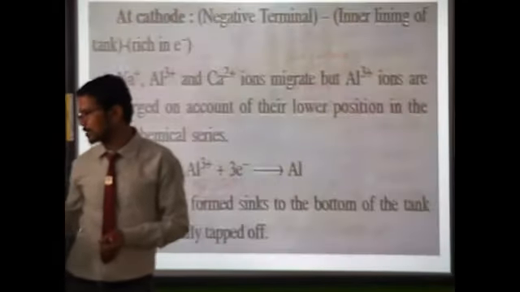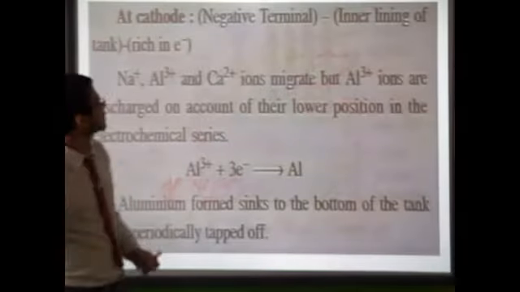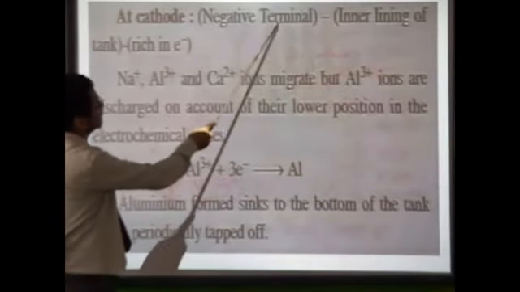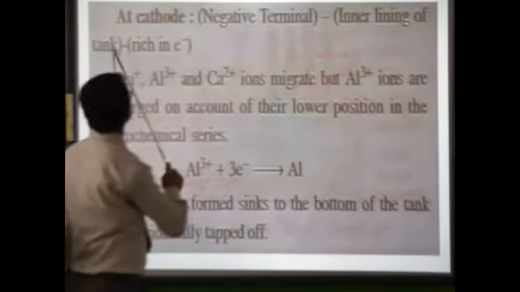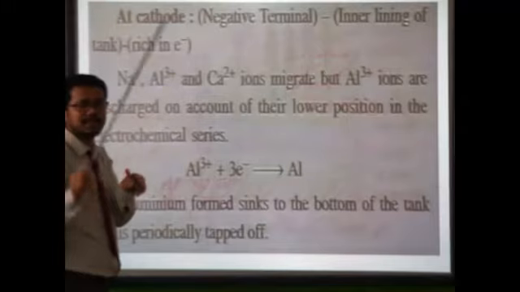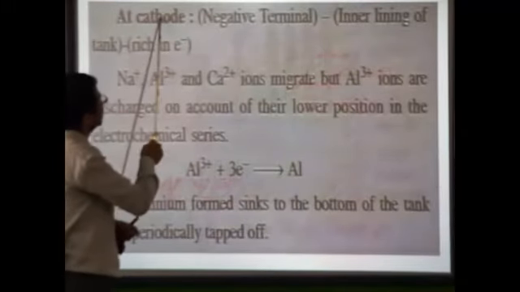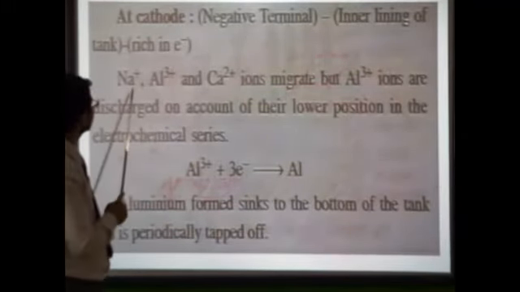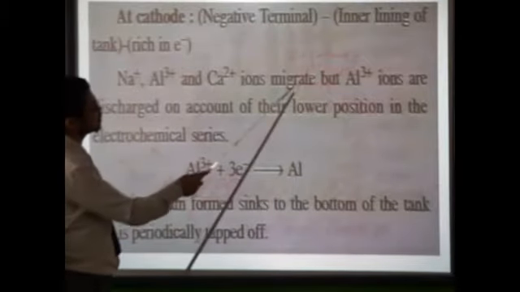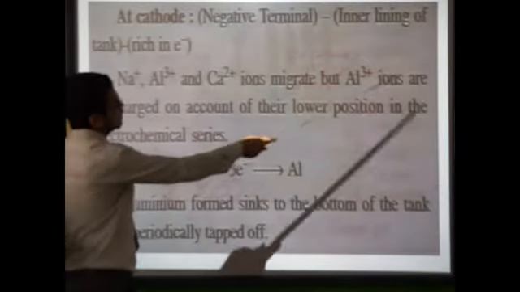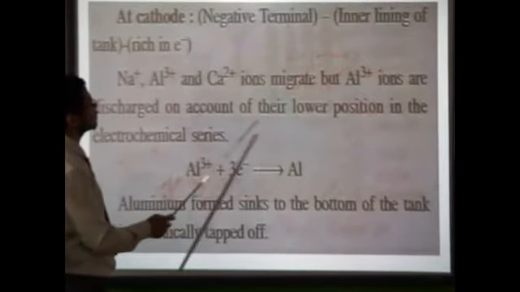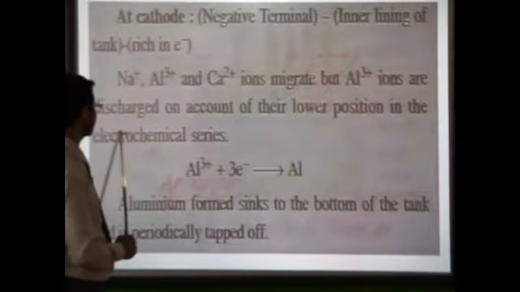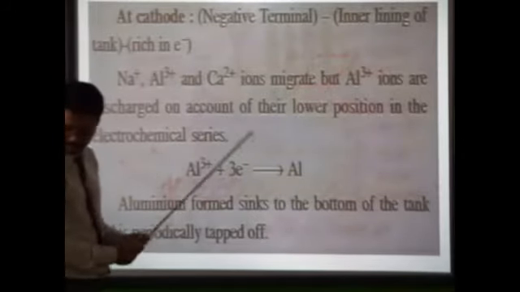So this is the electrolytic reaction. Now at the cathode, what happened? The cathode is the negative terminal, the inner lining of the tank. That means the inner carbon lining acts as the cathode, a negative terminal rich in electrons. So sodium, aluminium, and calcium ions migrate, but aluminium ions are discharged on account of their lower position in the electrochemical series.